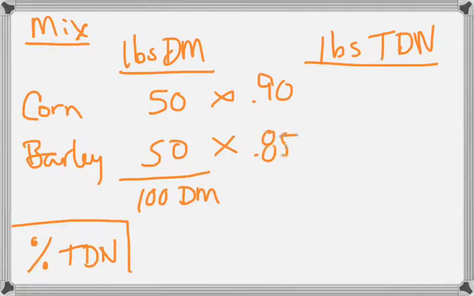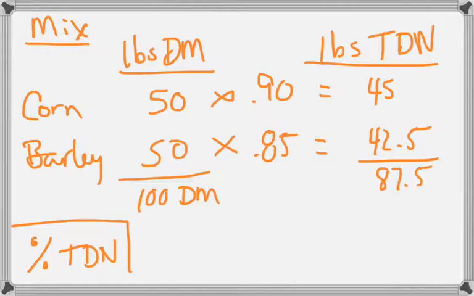When we looked up the compositional data, which I gave you in this problem, corn was 90% TDN and barley was 85% TDN. We solve for each of these. We have 45 pounds here and 42.5 here. That gives us a total of 87.5 pounds of TDN.